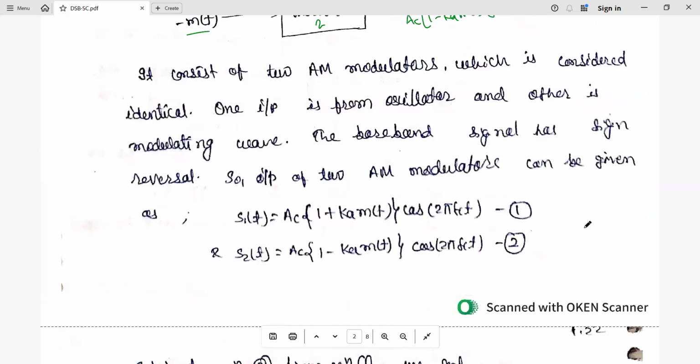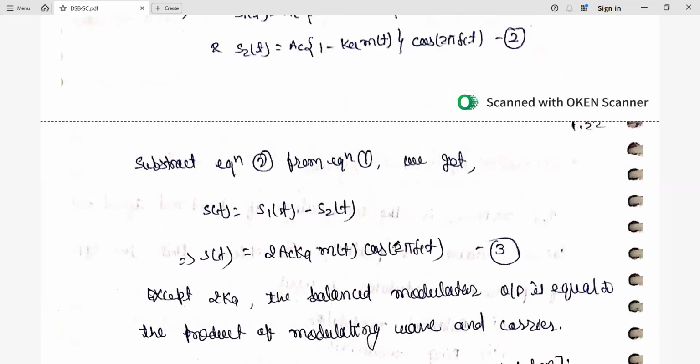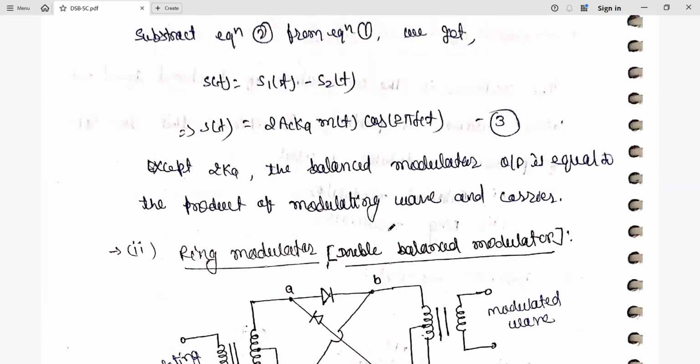And if you see the expression we have written earlier, the same expression is here. So S(t) is S1(t) minus S2(t), and that modulated wave we obtain here is 2 Ac Ka m(t) cos 2 pi fc t. Apart from the 2 Ka, the remaining part is the product of the message signal and the carrier signal.